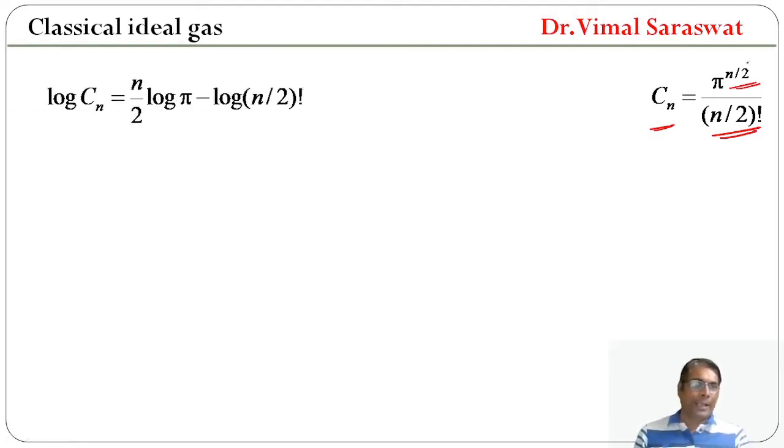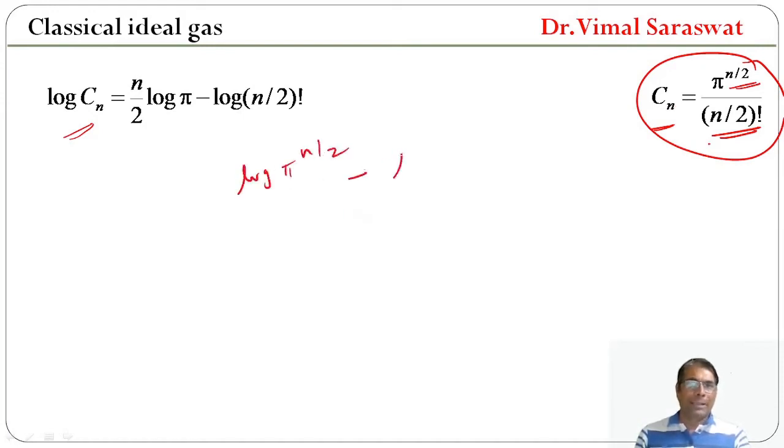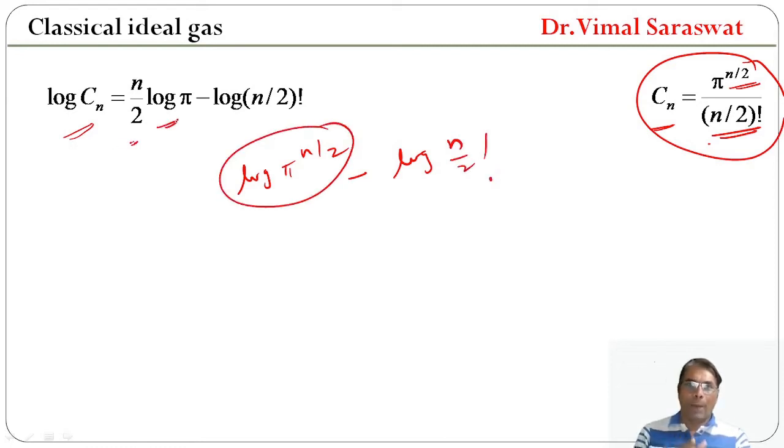Now if we take log of this equation, then log Cn is equal to log pi raised to n by 2 minus log factorial n by 2. From log m raised to n, this will be equal to n by 2 log pi, and this is as it is. So n by 2 log pi minus log factorial n by 2.